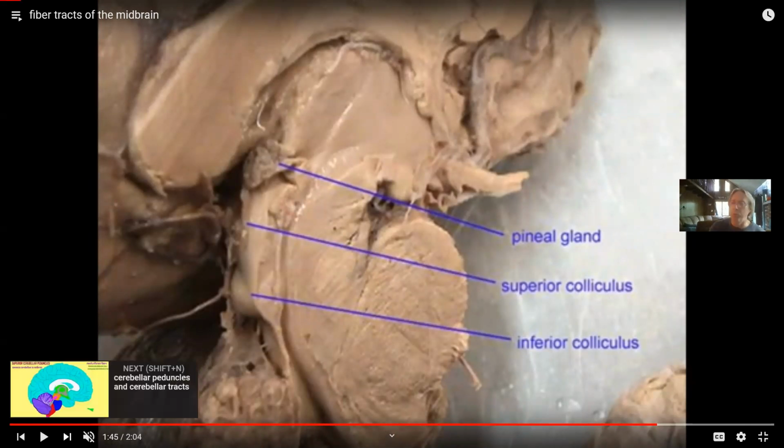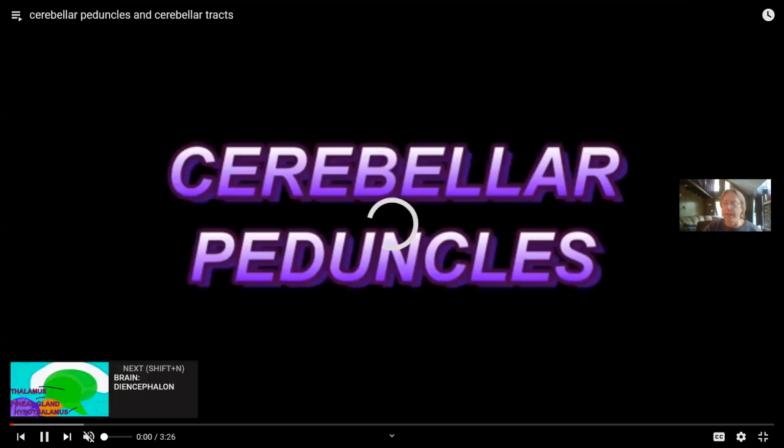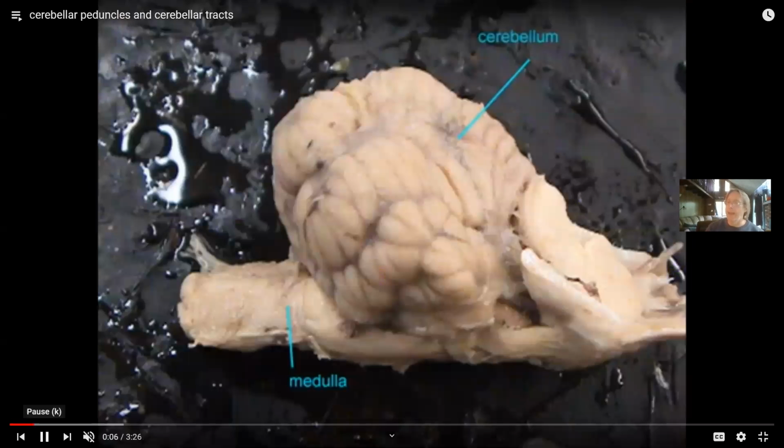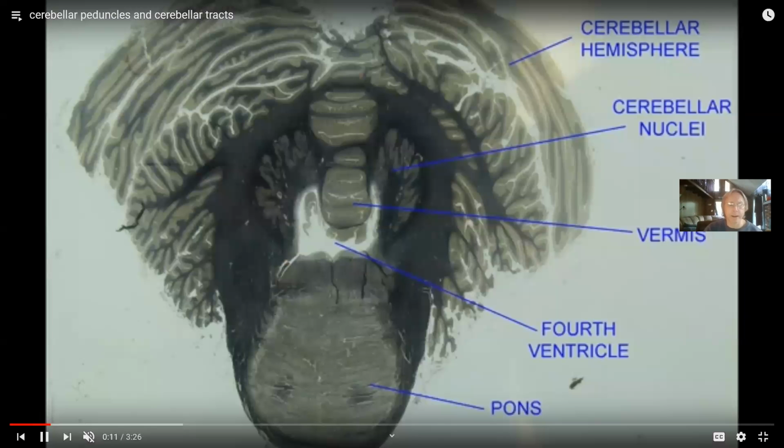The last point I would like to make: sometimes instead of referring to the medulla, pons, and midbrain separately, we just bunch them together and call them the brainstem. And another thing that they share is, if you look here at the cerebellum of the sheep, this is the second largest part of the brain. It is fixed onto the brain stem.